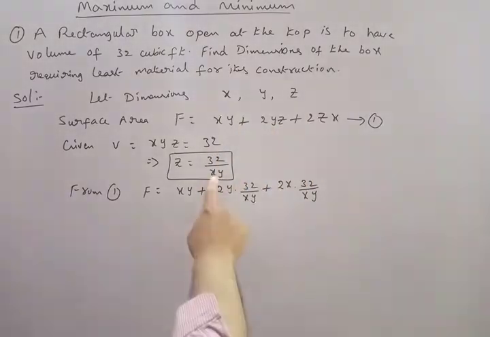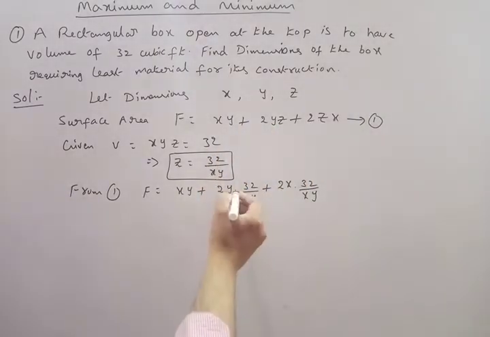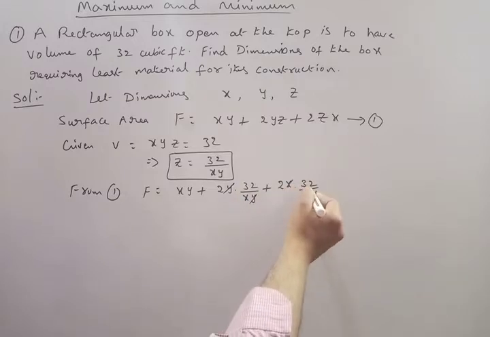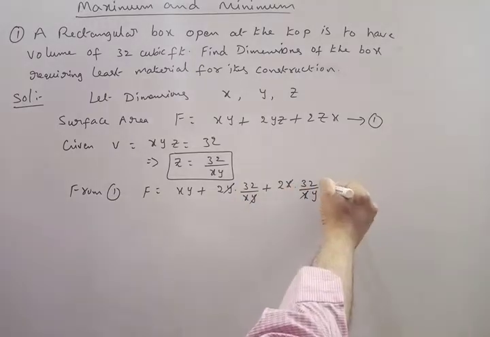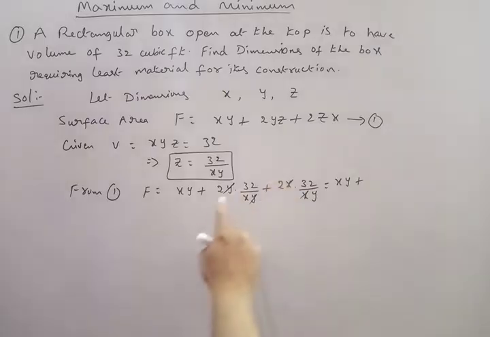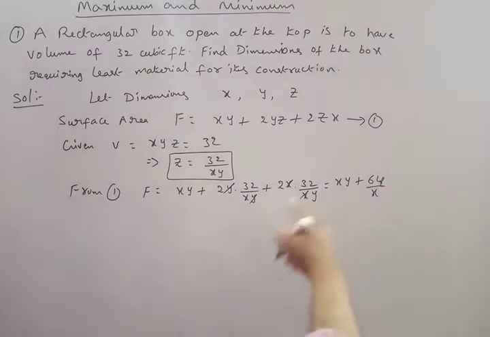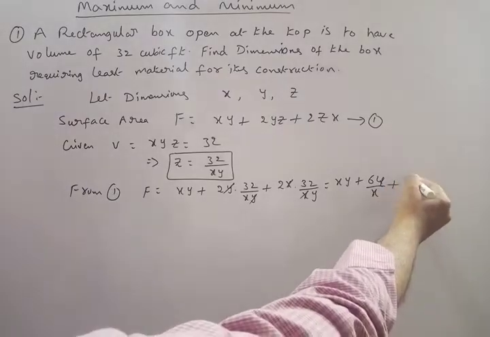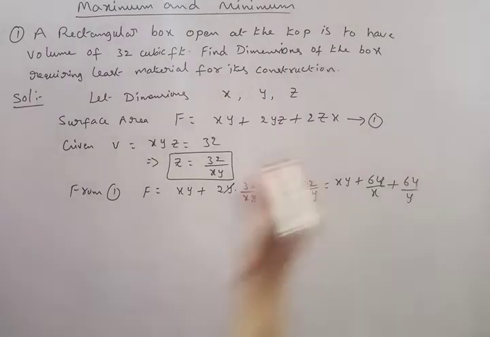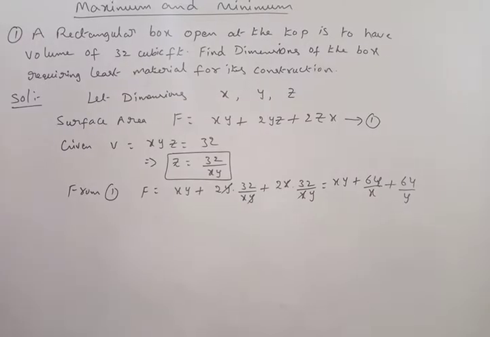Now 1y and 1y get cancelled, 1x and 1x get cancelled. So I get xy plus 2 into 32 is 64 by x, and 2 into 32 is 64 by y. This is our function: f is equal to xy plus 64 by x plus 64 by y.